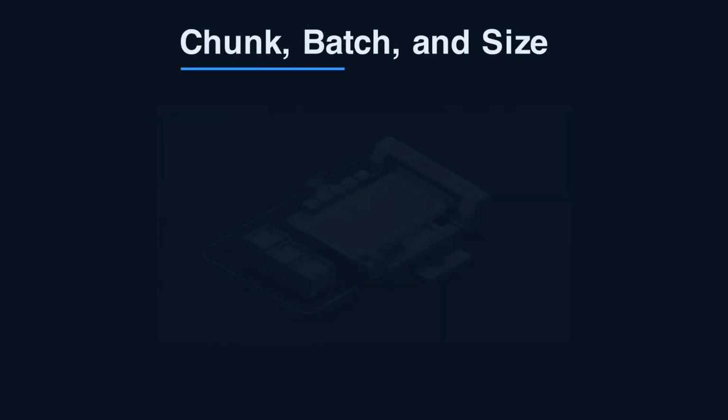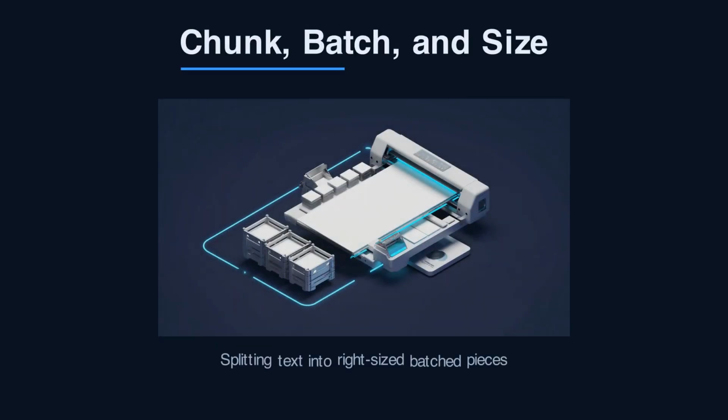Three decisions make or break this. First, chunking. Split documents into roughly 500 to 1000 token passages with some overlap, because embedding a whole document blurs the meaning. Second, batching. Send many chunks per request, a few hundred is fine, to amortize latency and stay under your tokens per minute limit, with retry and backoff on 429 responses.